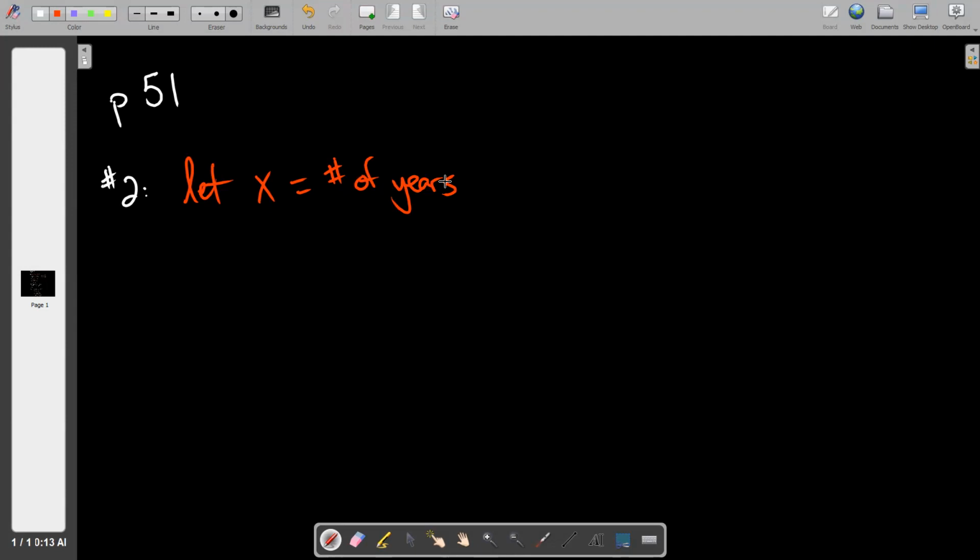So according to the problem, there is going to come a point, and you get this out of the second sentence, where George's mom will be 3 times as old as he is. You just have to read that second sentence and agree that that's literally what it says, right?